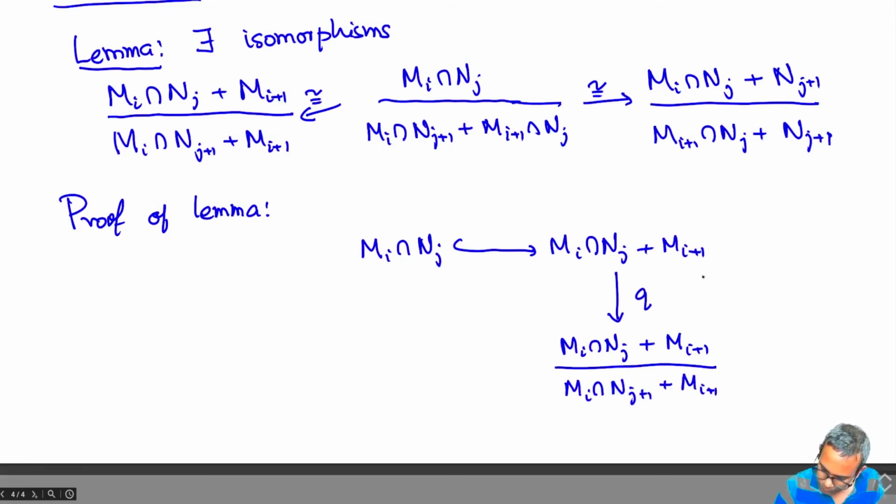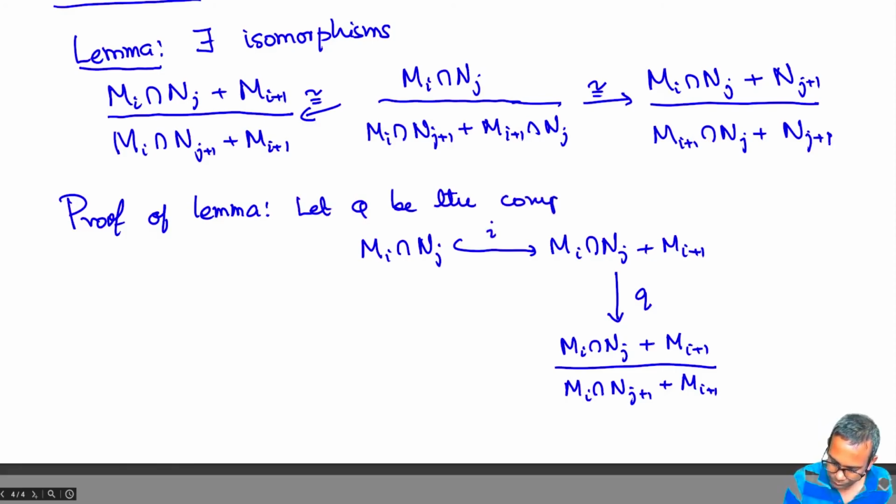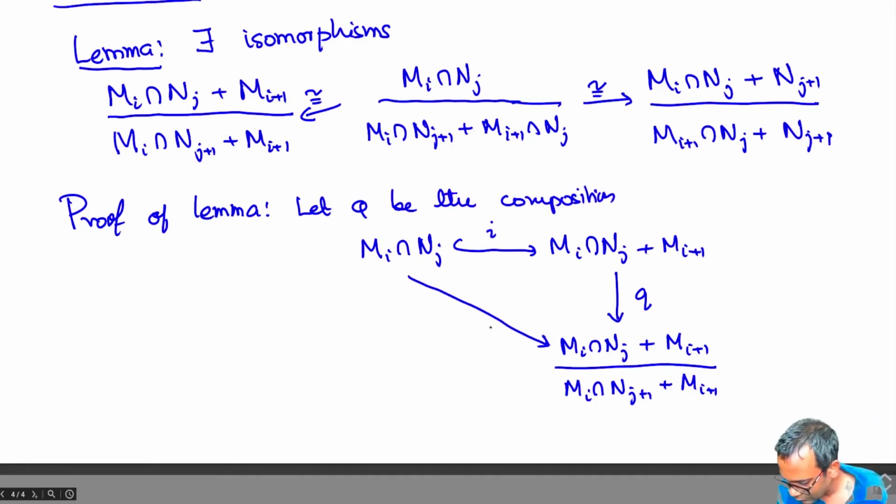So this is the quotient map, this is the inclusion map, and let phi be the composition of these two. So we'll call this phi. And this phi will give rise to the isomorphism that we desire. We just need to check now all these things.